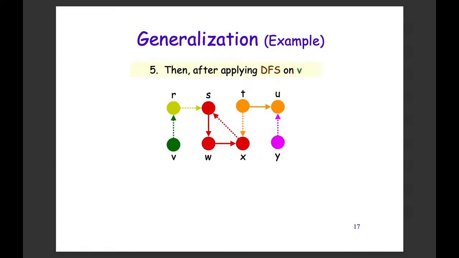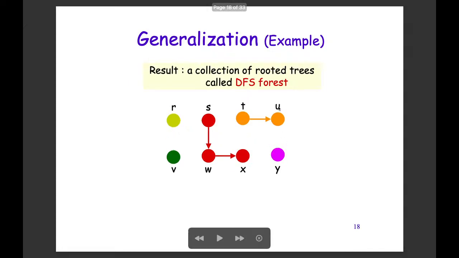And again, in this case, we will still have a DFS forest. The DFS forest keeps exactly those edges of which node discovers which node. So we will have S discover W, W discover X, and then X doesn't discover any new node. T discovers U, and all the others are isolated vertices, since they are not discovering any new node.